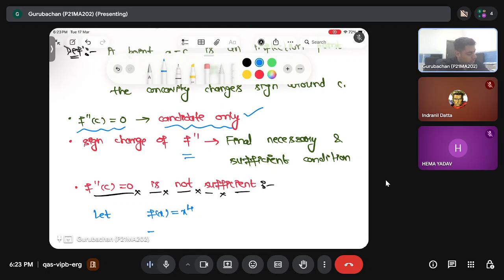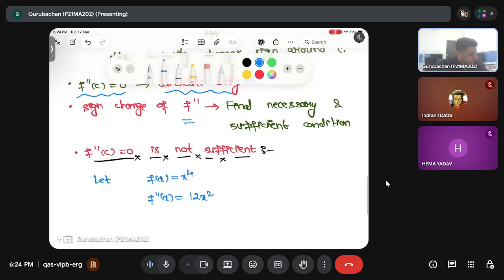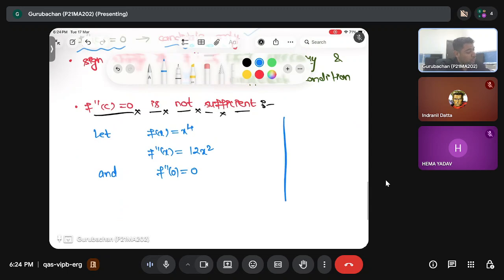If you take the double derivative of this function, you get 12x square. You can observe that f double dash 0 is 0. But when you draw the graph of x to the power 4, in the neighborhood of 0 it is touching the x-axis.